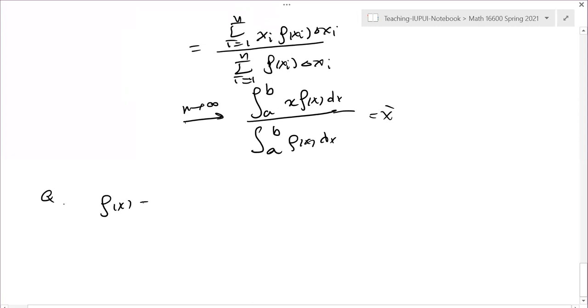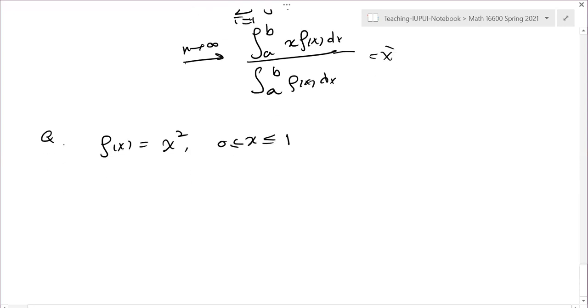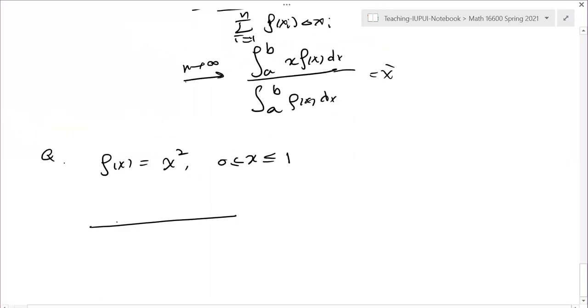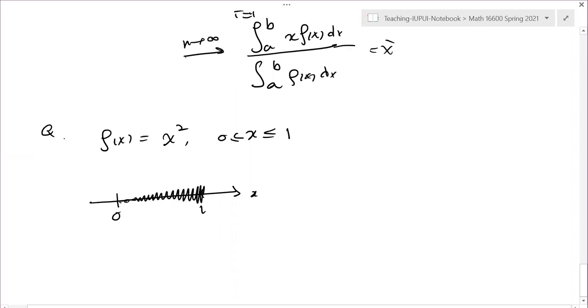So if the density function is just x squared, with x between 0 and 1, the material is getting heavier and heavier as x approaches 1. This is 0, this is 1.